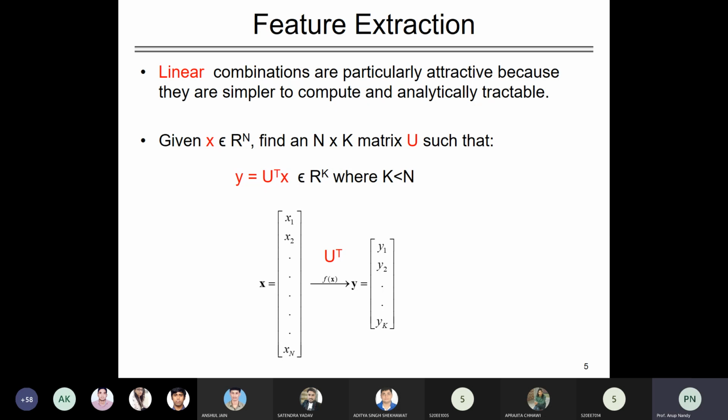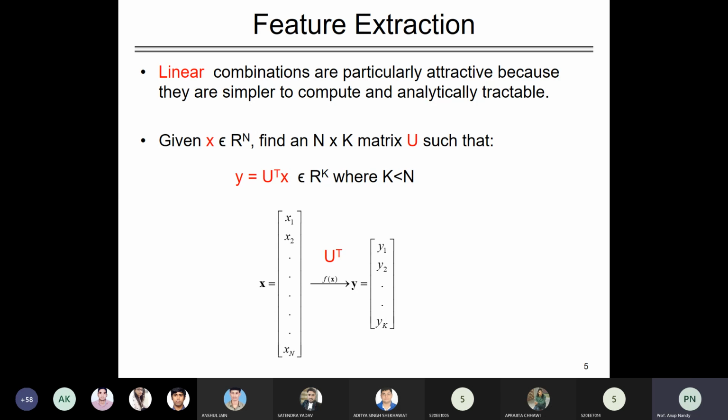Suppose you have this n-dimensional real space, that is R^n, and you are trying to find k-dimensional features. For this you are trying to find a transformation matrix, an n cross k matrix U, such that y is equal to U transpose x.